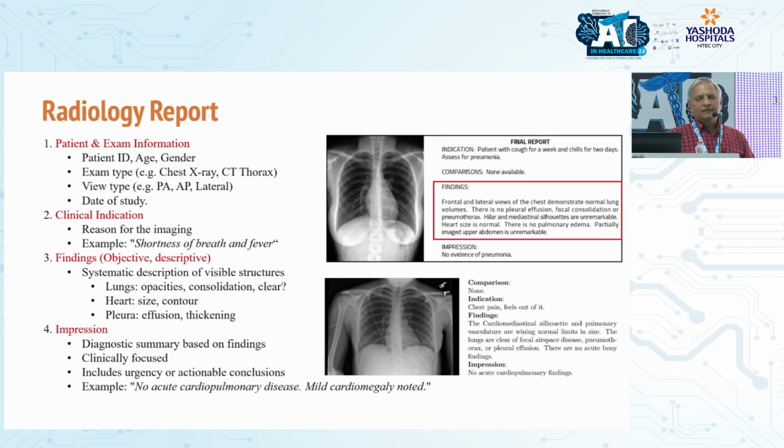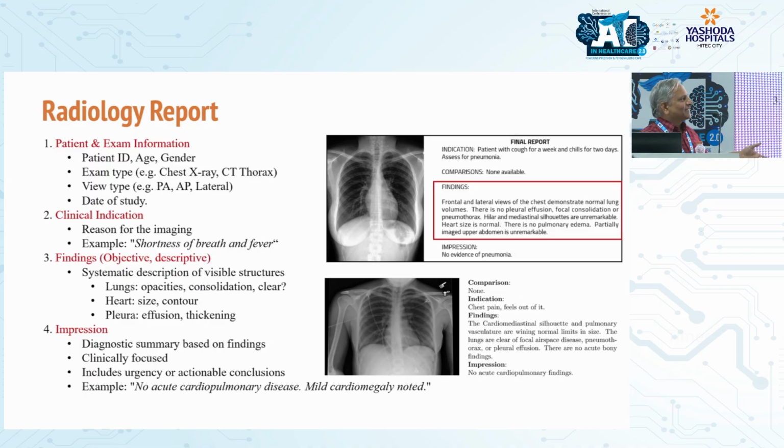Before we look at what sort of data sets are available, let me give you a brief idea, though this is sort of redundant for this audience. What does a radiology report look like?